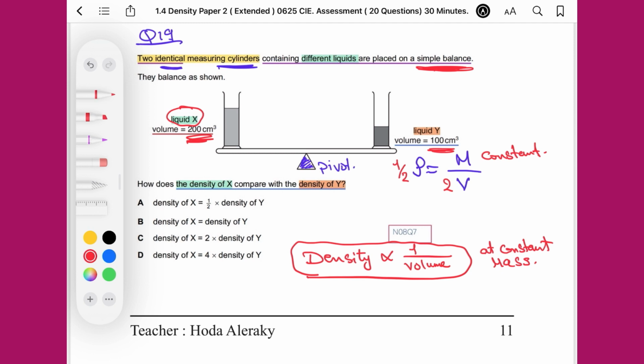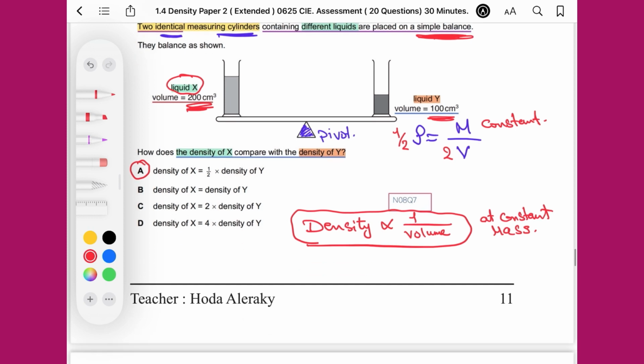So our correct choice will be A, density of X will be half density of Y. Why? Because volume of X is double the volume of Y. Is it clear? This question is challenging and is very important.